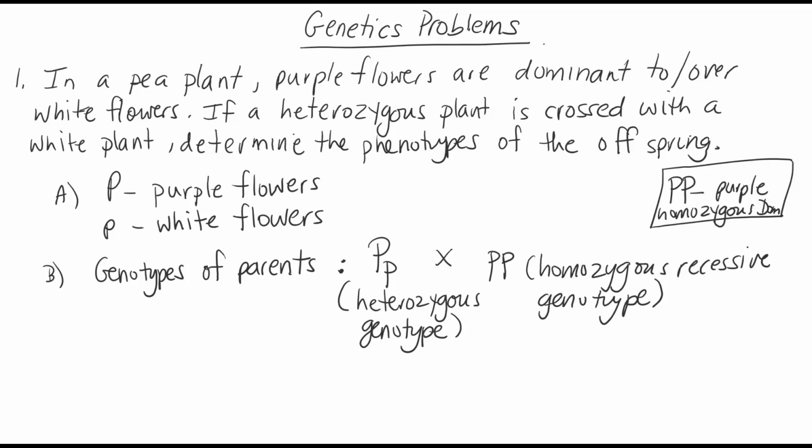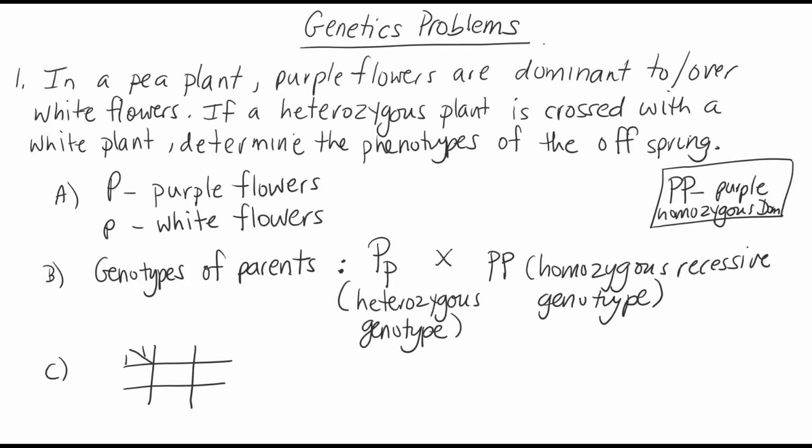The next thing that we have to do is place the parental genotypes into a Punnett square. So this is my Punnett square here. Where we have, this is one parent. I'll just put P for parent.